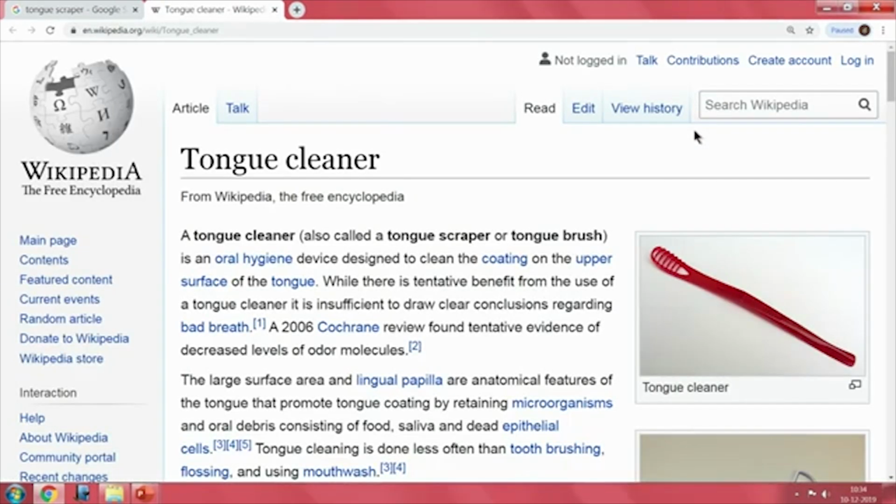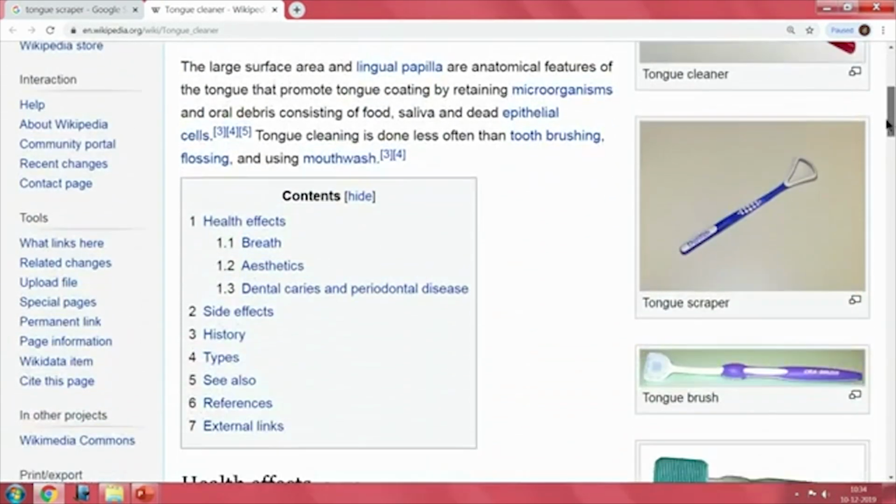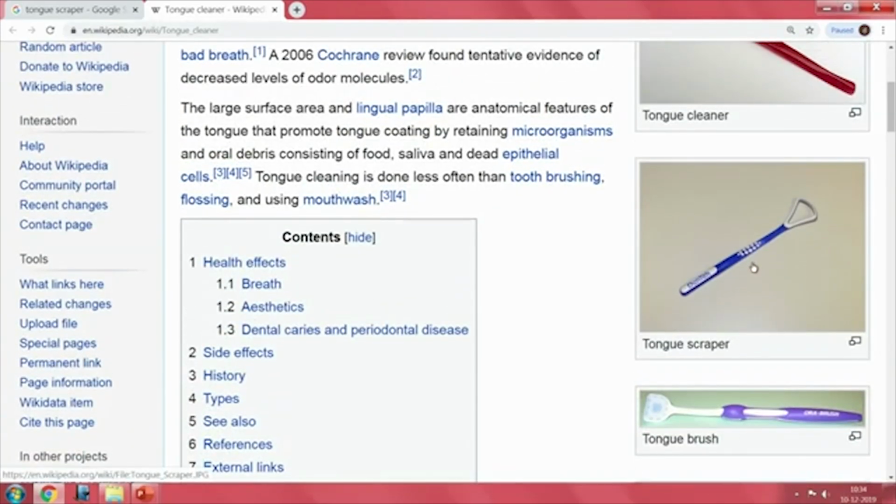So the next best is this, a very common thing. These things called tongue scrapers are very common. Now why I have shown this to you is that it is a very common thing. Some of you are familiar with it, some of you may not be, some of you use them, some of you do not.